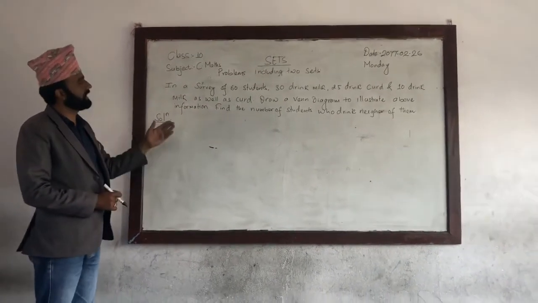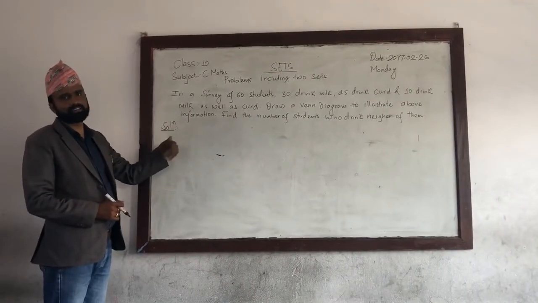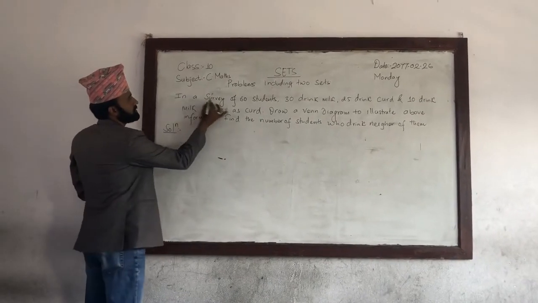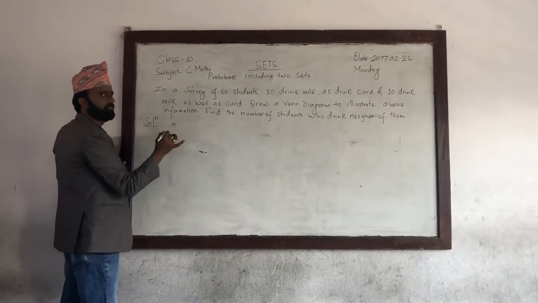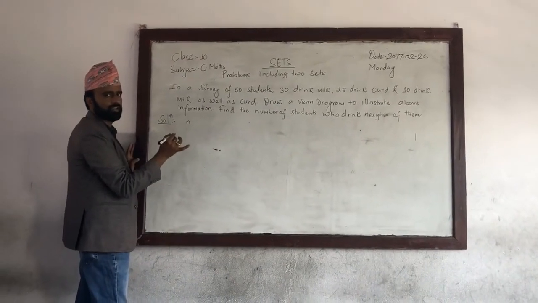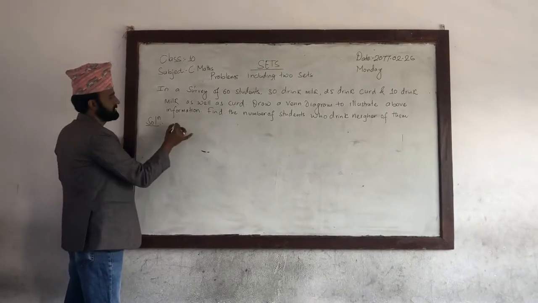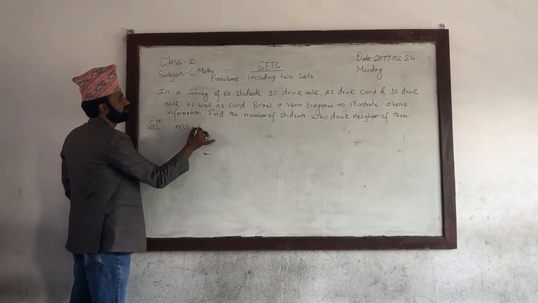Let me write the information provided in the question first. In a survey of 60 students, the total number of students participating in the survey is 60. That is the universal set, n of U is equal to 60.